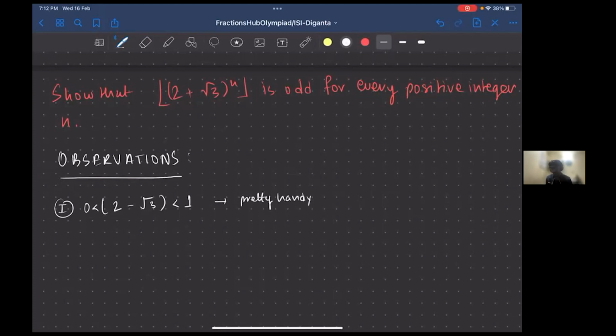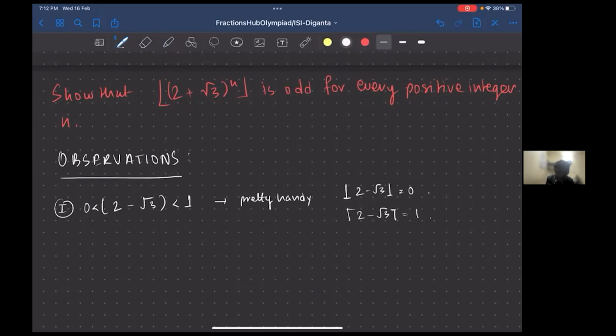Because this is some value between 0 and 1, the floor of this is 0, and the ceiling of this is 1. Right?